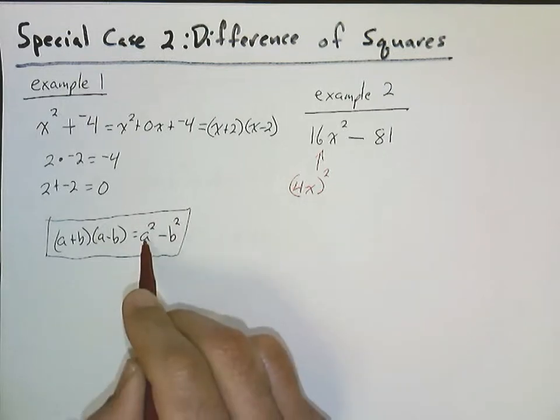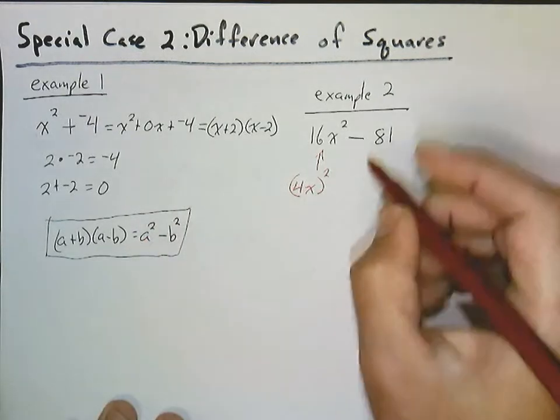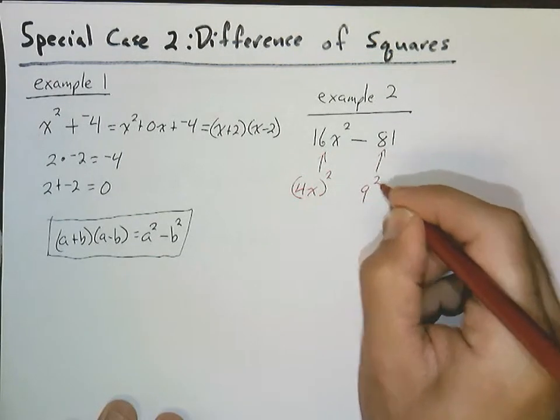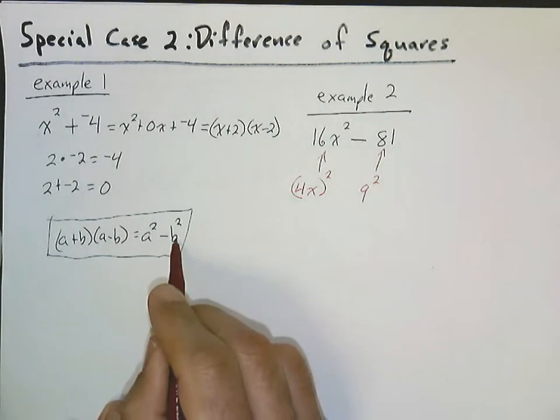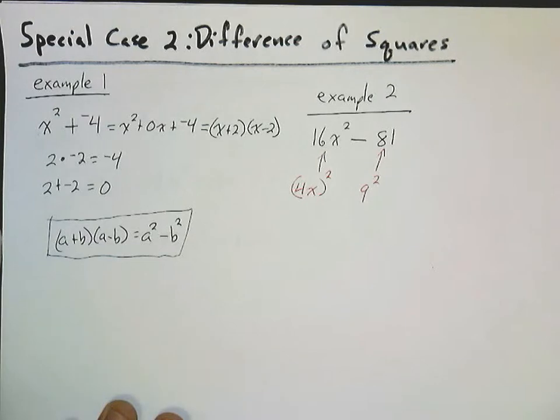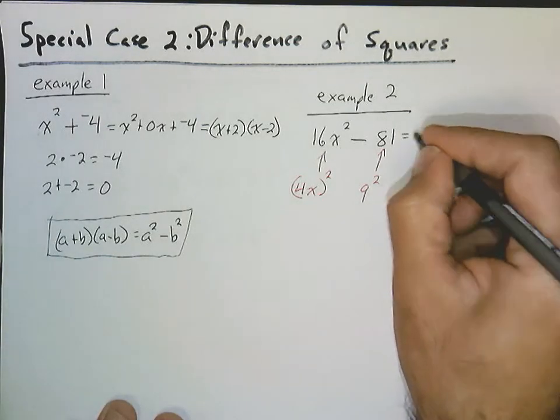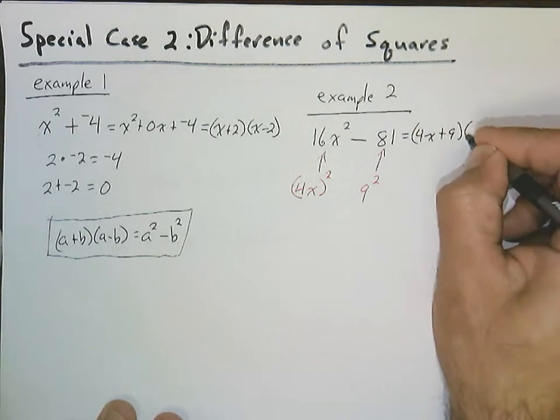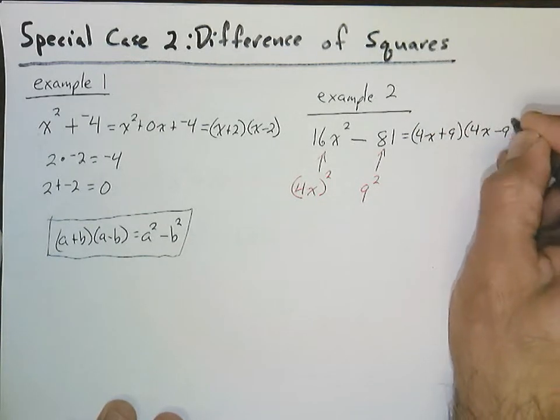So 4x is really kind of like a down here. 81, that's 9 squared. So the 9 is like this b here. So this whole thing has to be equal to 4x plus 9 times 4x minus 9.